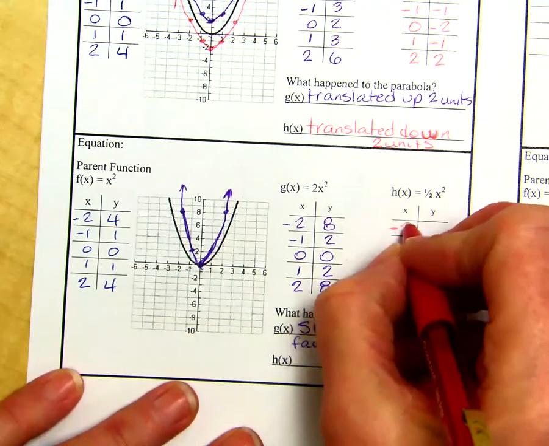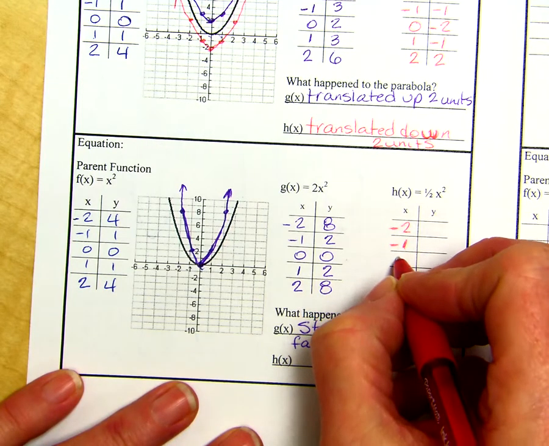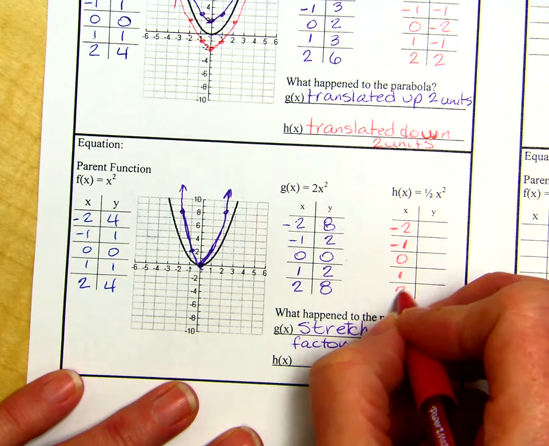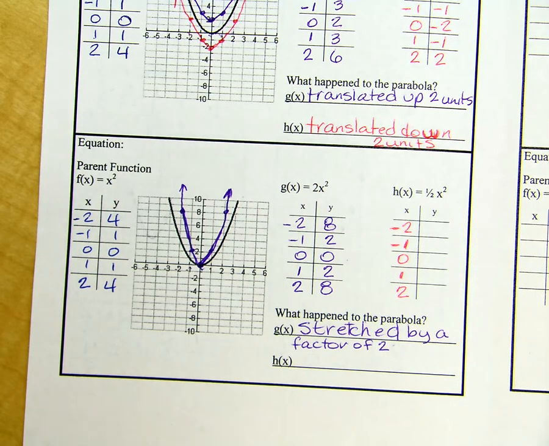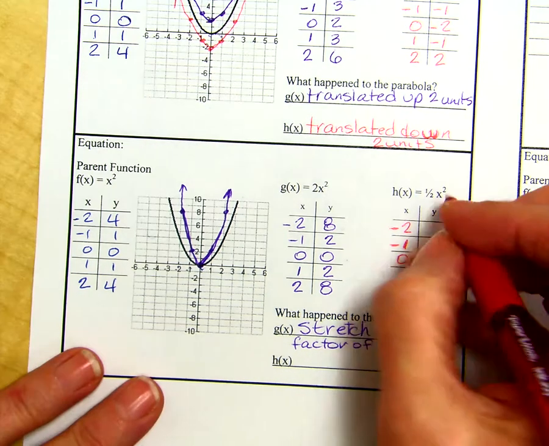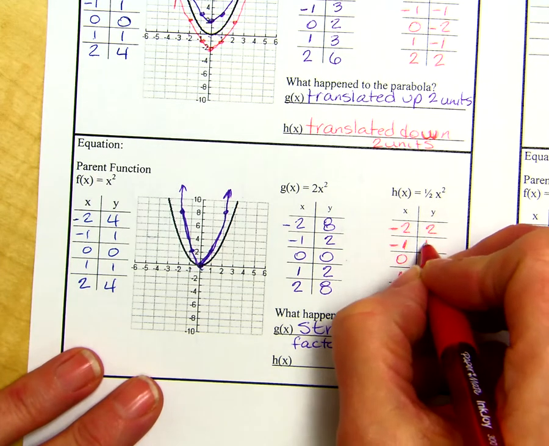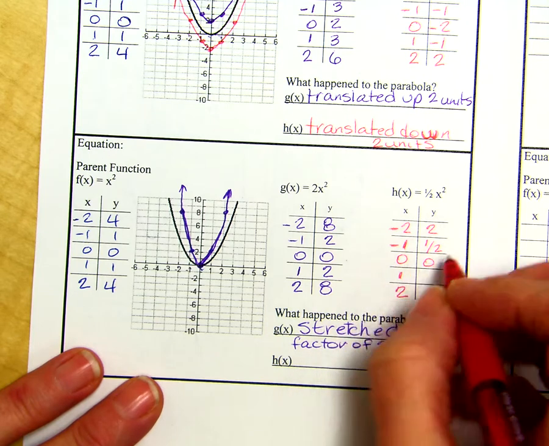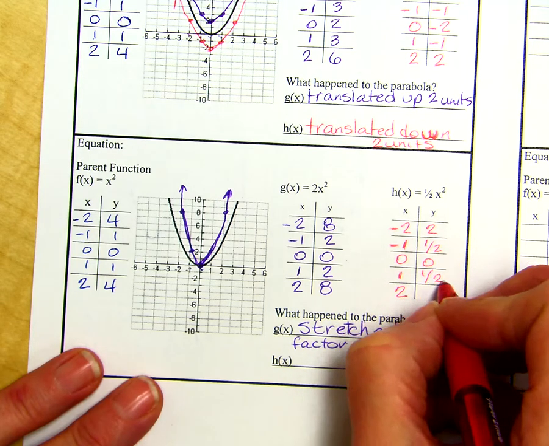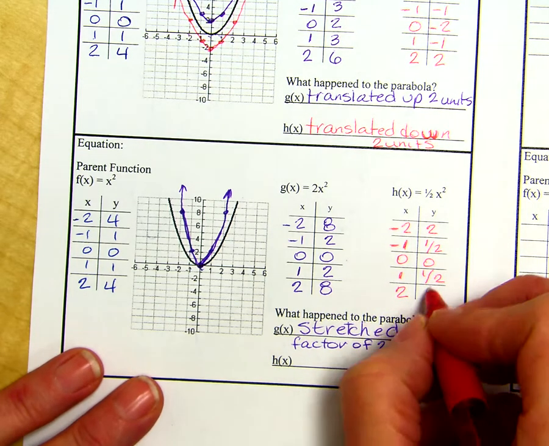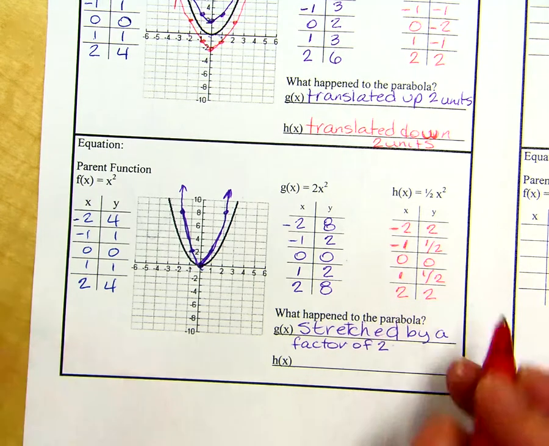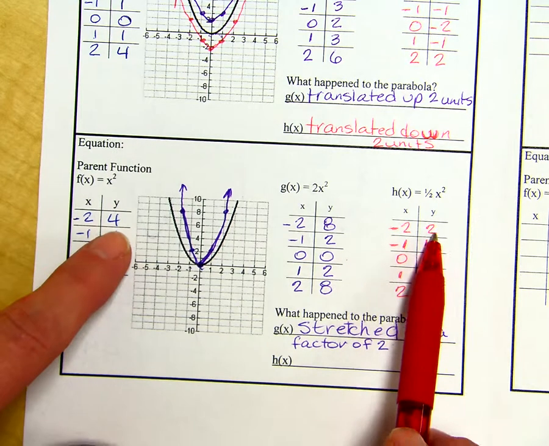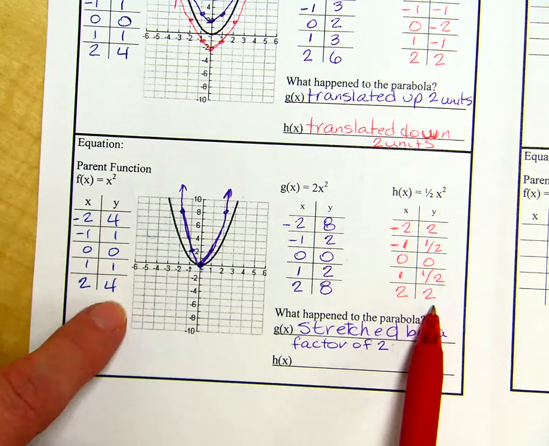So looking at the same x values so that we can look at them side by side. So we get a 2 here. This yields a 1/2, a 0. Again, they share a common vertex. 1 yields a 1/2, and 2 yields a 2. So you can see that we took these values and they were halved each time.